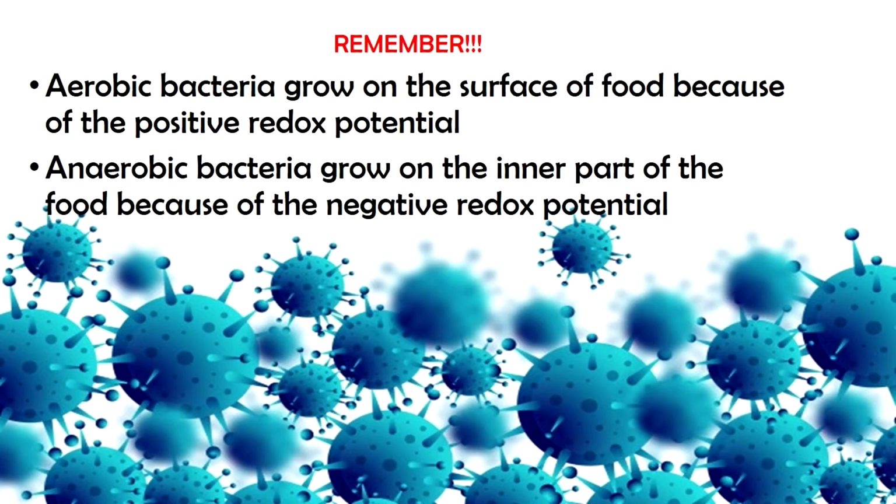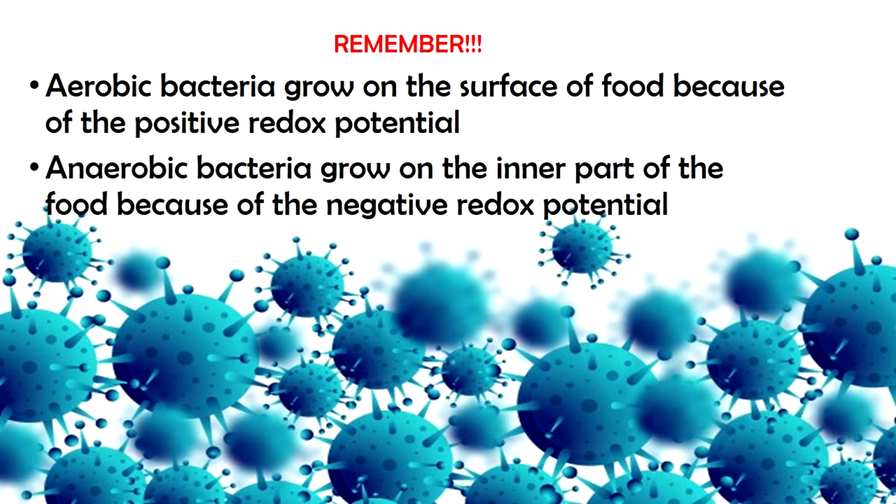You must remember that fresh vegetables, fruits, and meat promote the growth of aerobic microorganisms in the surface regions because of the positive redox potential. Again, they grow on the surface region because of the positive redox potential.